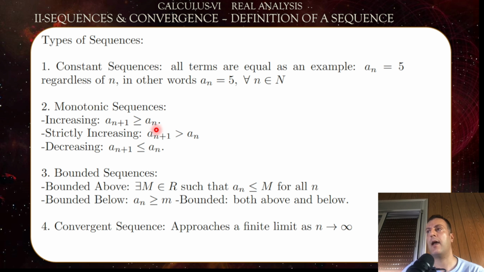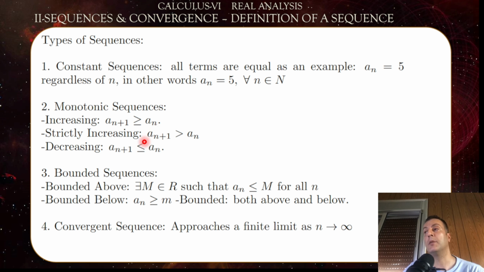It means that as n progresses, the subsequent terms are greater than or equal to the previous terms. So for some locations within the sequence, it might plateau, it might be stabilized at a specific value for 2 or 3 terms, for example, then it keeps growing up. But on average, it's increasing.